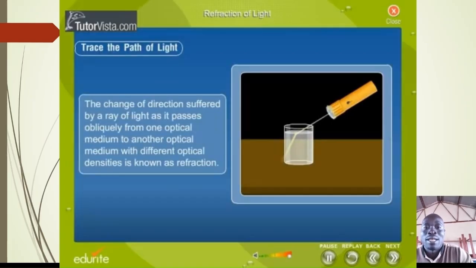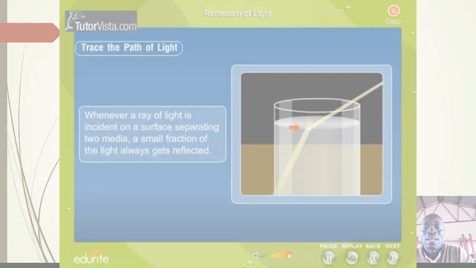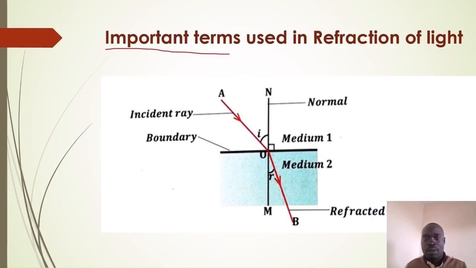The denser the medium, the more it slows light. Light travels faster in a vacuum and slower in a material like air, water, or glass. Important terms used in refraction of light.